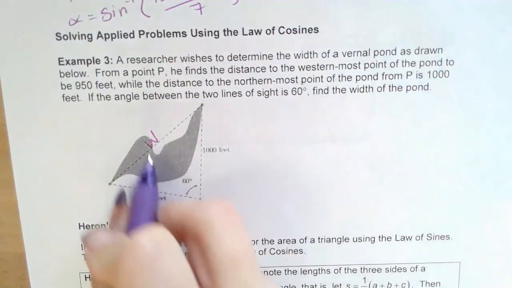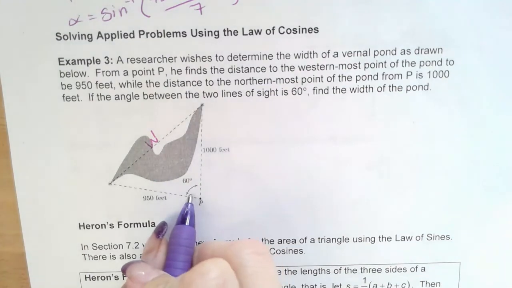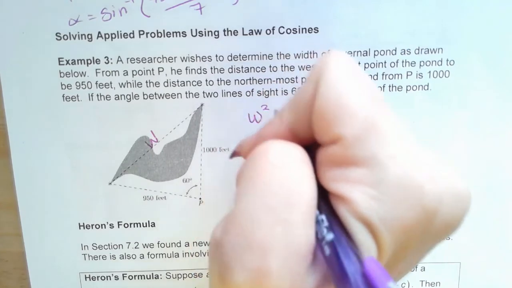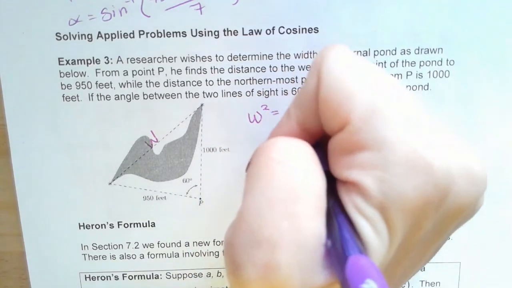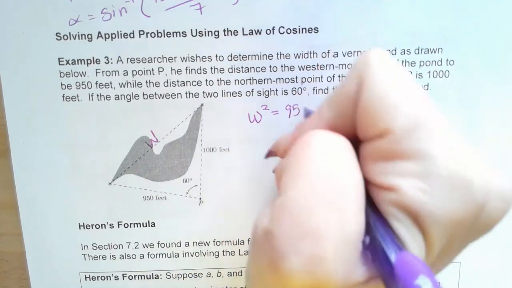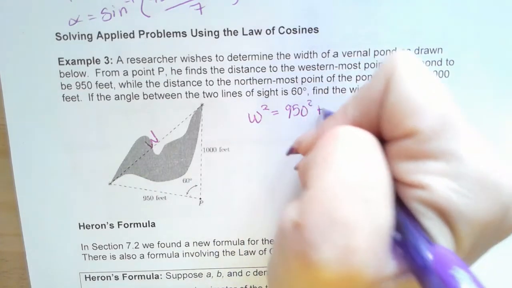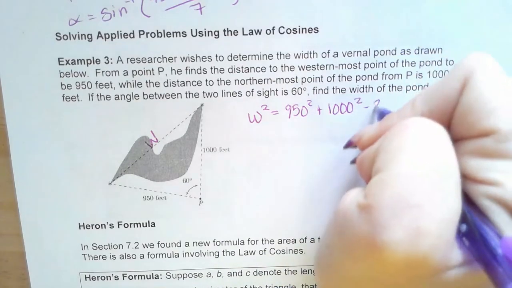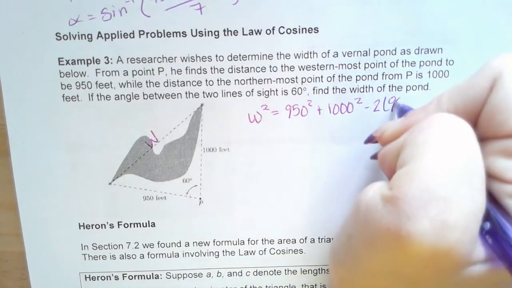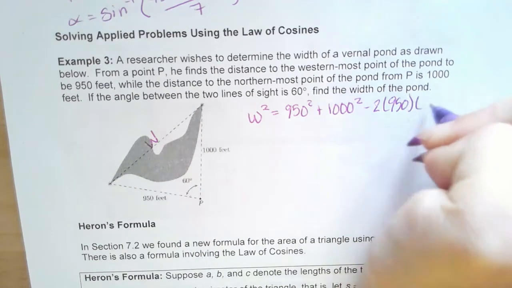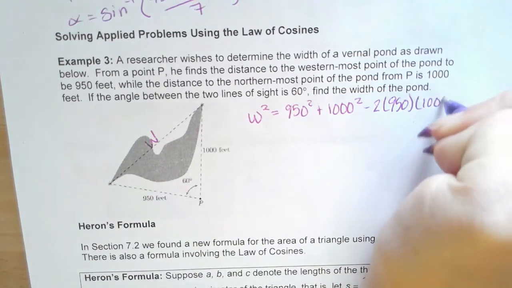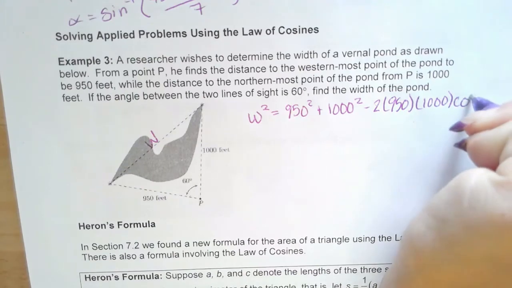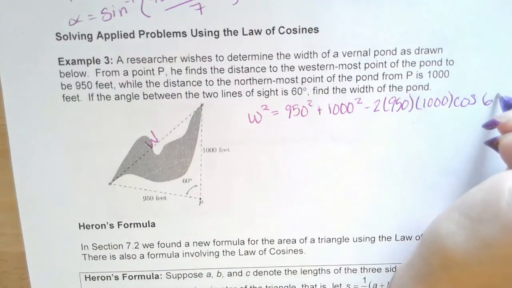So we're finding W, and we have that angle across from W. So we're using W squared equals one side squared plus the other side squared minus 2 times that one side times the other side, and that is the cosine of 60.